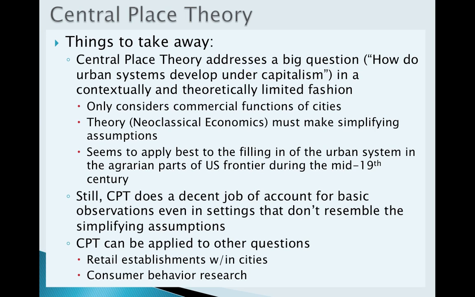Even with these weaknesses or with these characteristics, however, central place theory does in fact do a decent job of accounting for the basic questions, the basic observations about the size, the number, and the spacing of urban places across the landscape. And it does so even in areas that don't really resemble the simplifying assumptions.